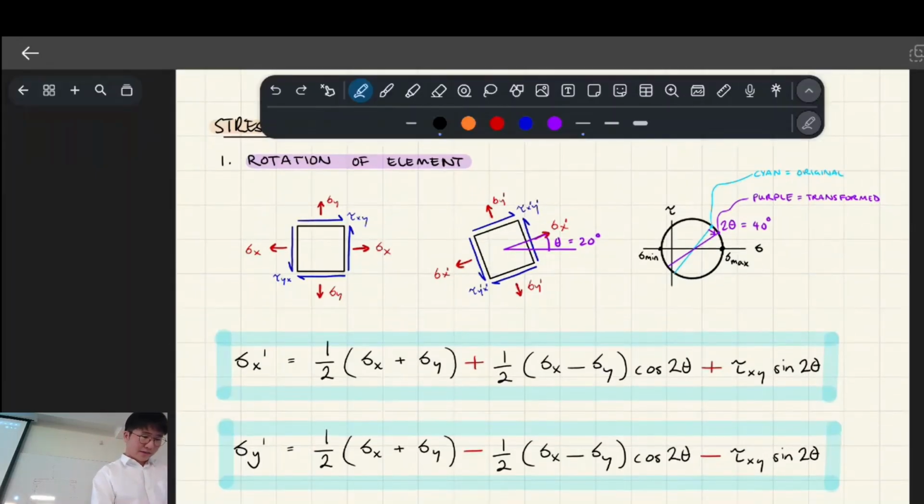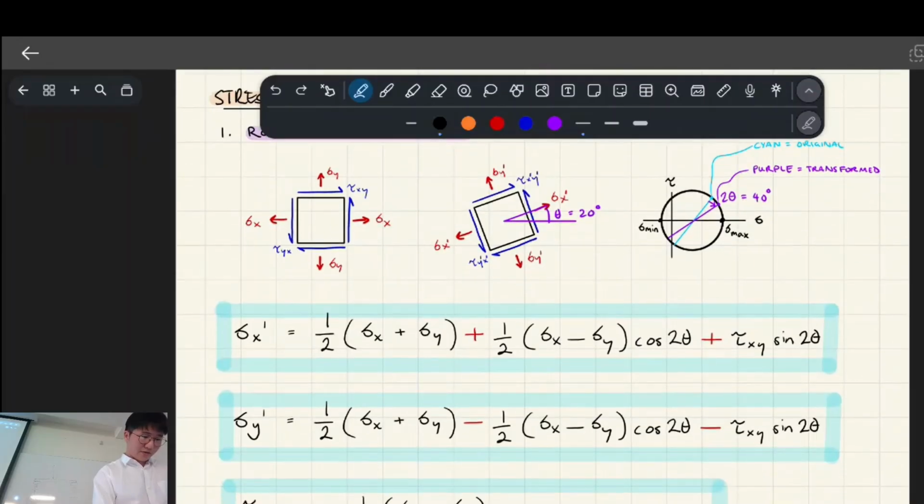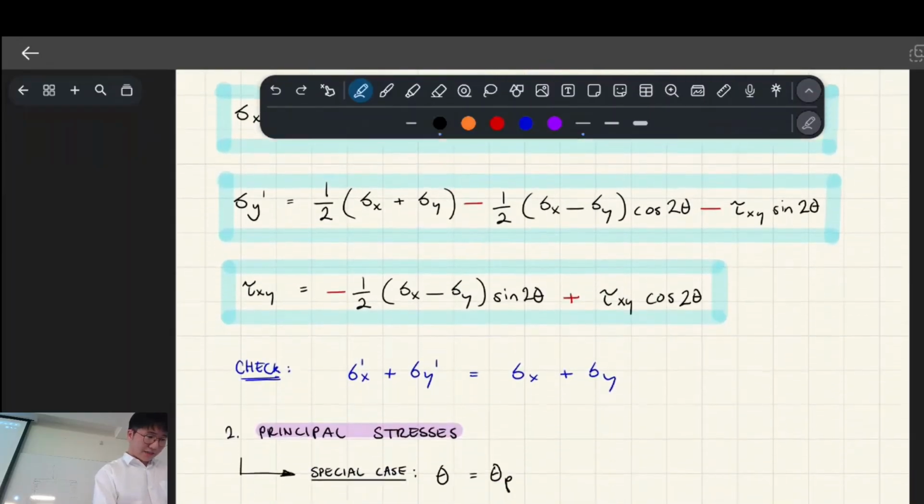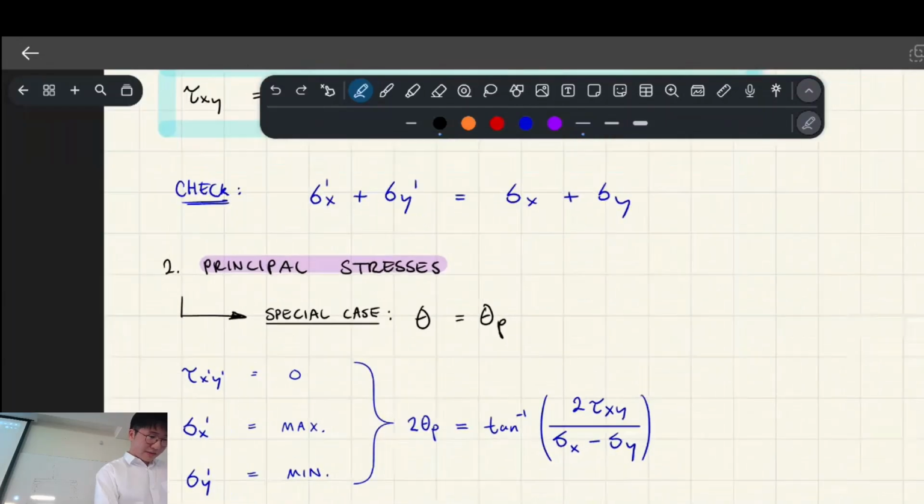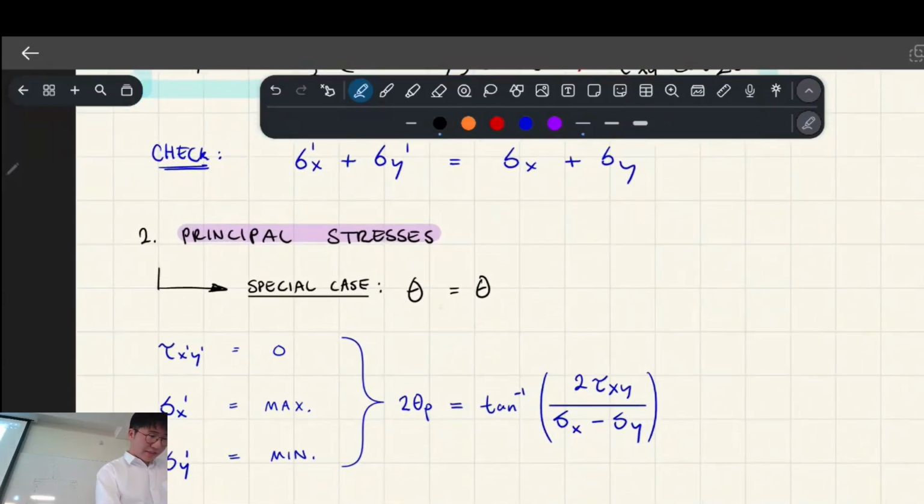The only one that I forgot to talk about last week is the angle to the principal plane. It was on my notes, but I didn't point it out when I was talking. We actually have a formula for it.